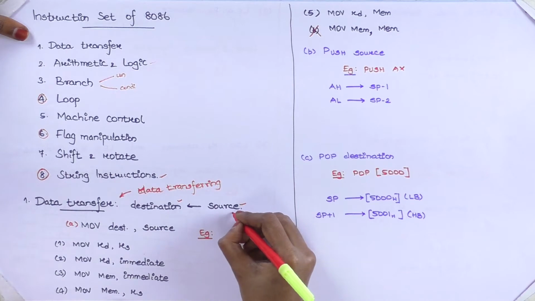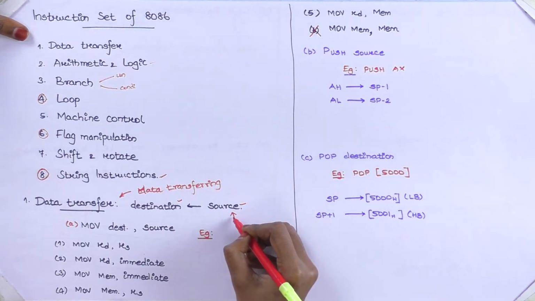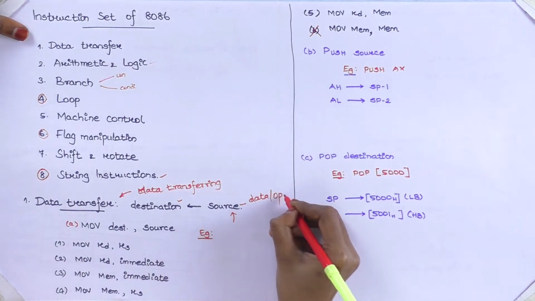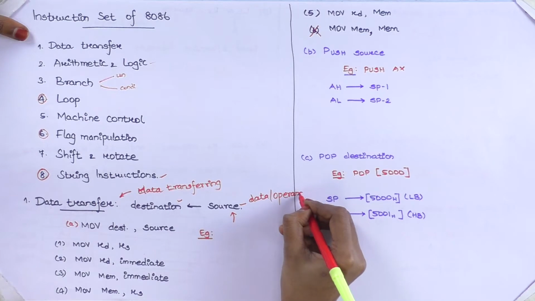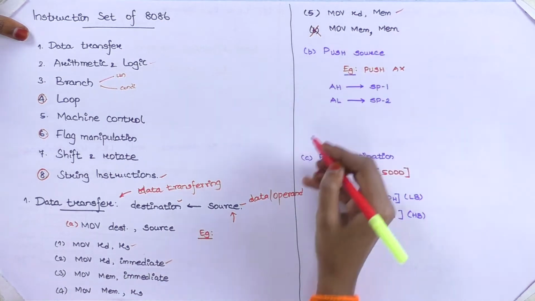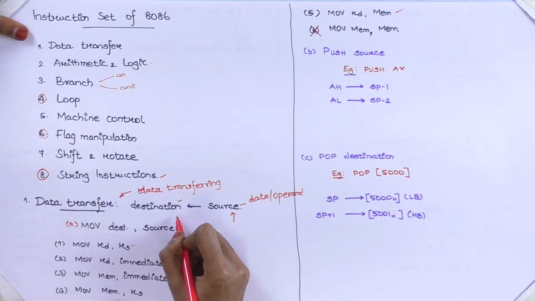The source of data or operand would be like an immediate value. It might be a register or it might be a memory. The destination also can be a register or memory. It can't be an immediate value.